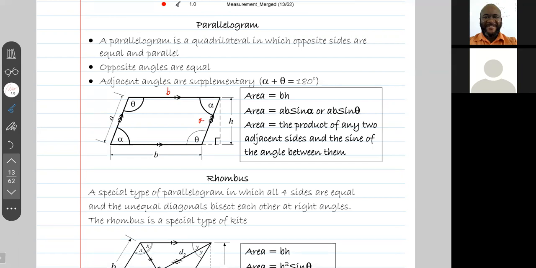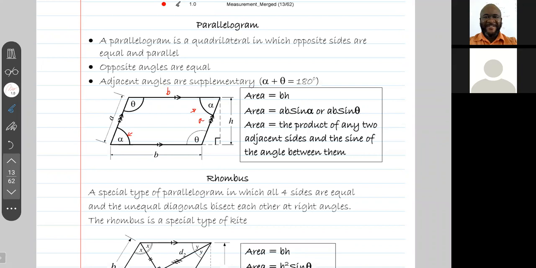What else? Opposite angles are equal. So the angle here and the angle here are called opposite angles. Opposite angles of a parallelogram are equal, and adjacent angles are supplementary, meaning that they add up to 180 degrees.